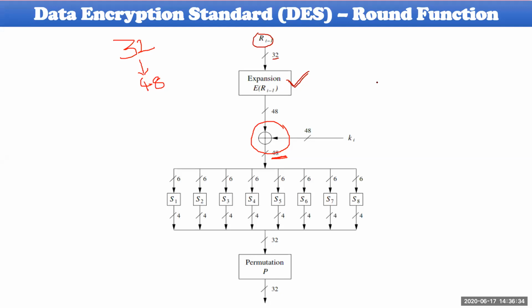Let me remind you once again. 6 bits will be taken into consideration, something like this. Out of these, the MSB and LSB, these two, will be considered as the row. And the remaining bits, excluding the MSB and LSB, will be considered as the column.